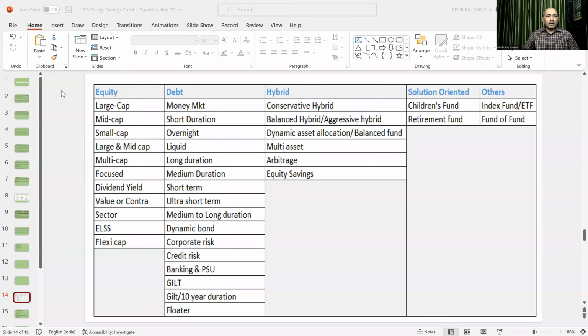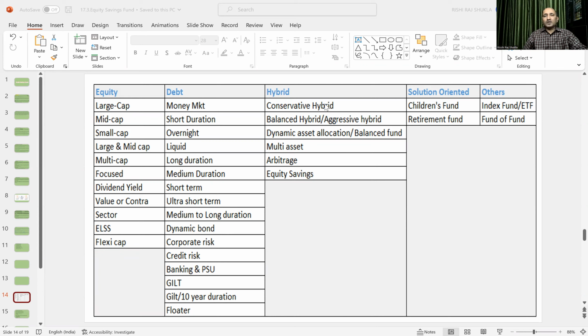So let us see. You can see we have already discussed equity funds. All 11 types of equity fund are there. Then we discussed debt funds, these 16 types of debt funds. So these two types of categorization are already finished. Then we discussed index fund and ETF, this is also finished.